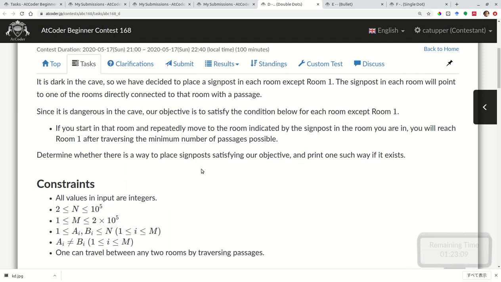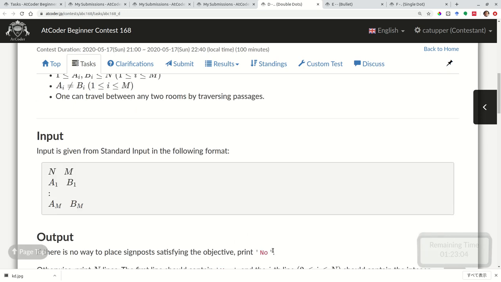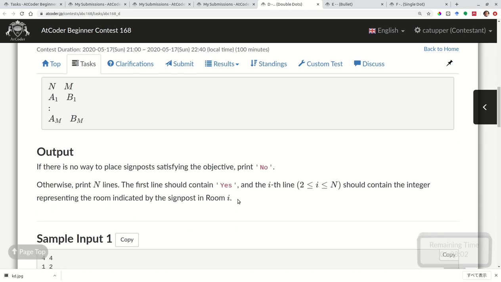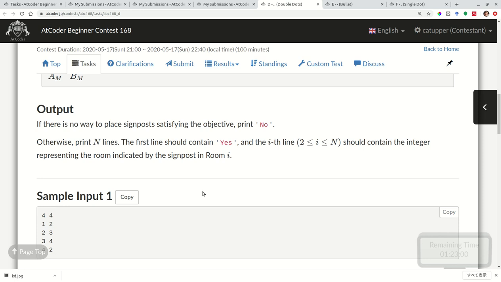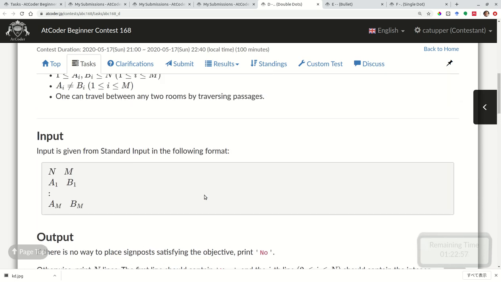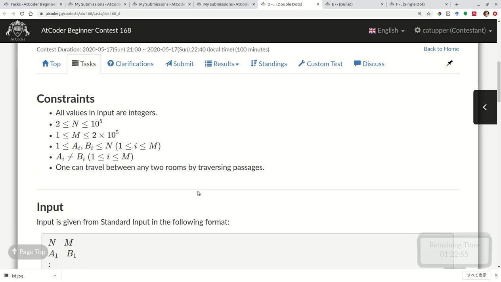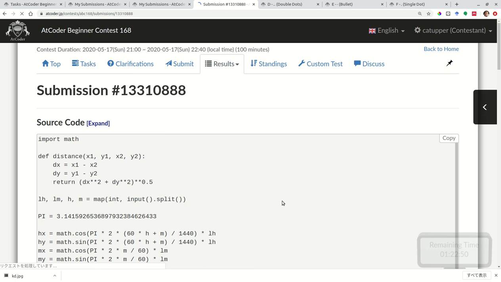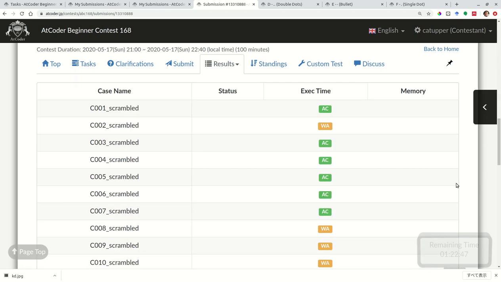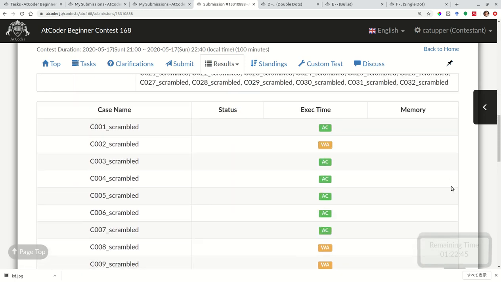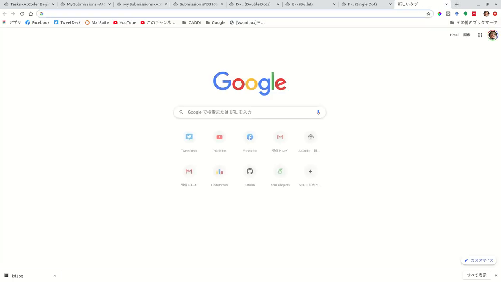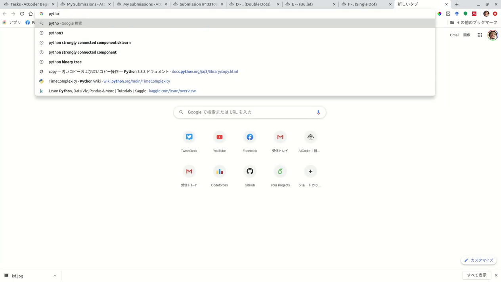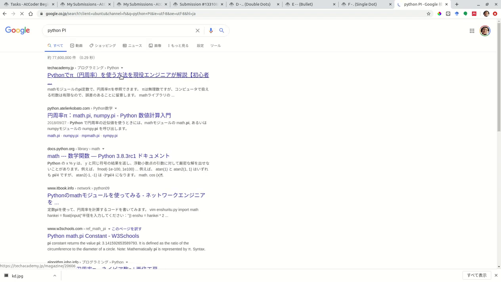Oh no, it says it's connected. So we don't have no. So we just calculate the distance from 1 and find the nearest neighbor and write the index of it. Oh, and I got the wrong answer. I think my pi is not good. So do it, Python pi. How can I get pi? Math dot pi. Okay.